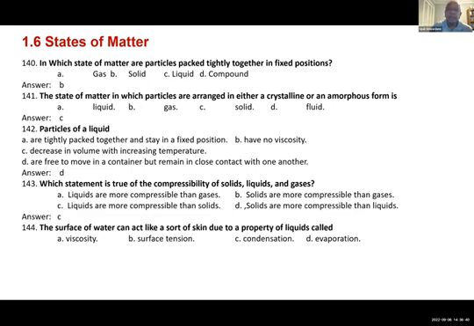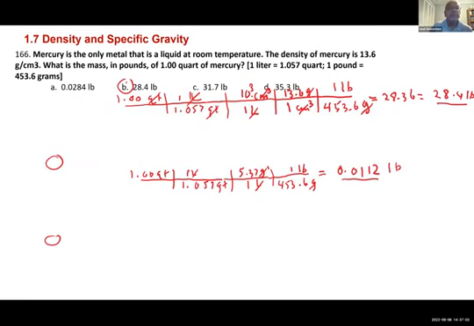Liquids have viscosity. Viscosity is the tendency of a liquid to flow. Thick liquids have high viscosity, etc. Surface tension of a liquid. Solids, amorphous and crystalline solids. You have to go through this.